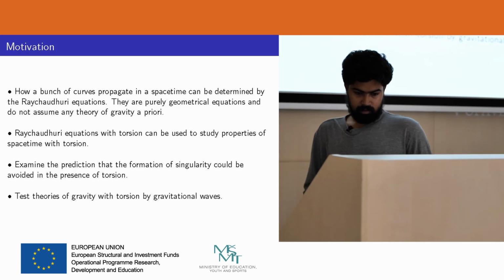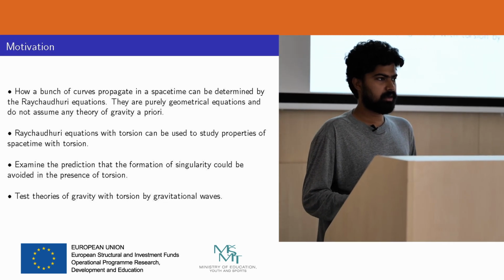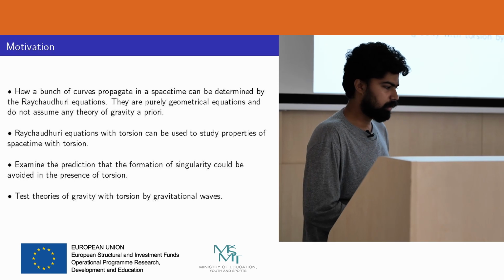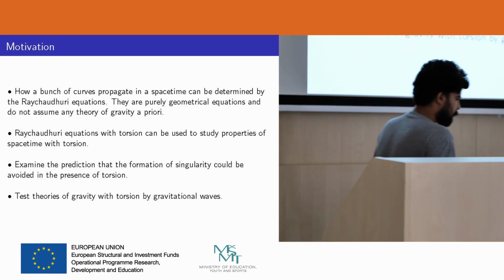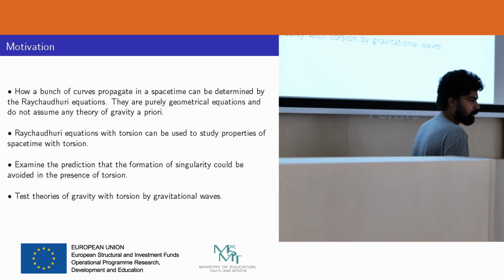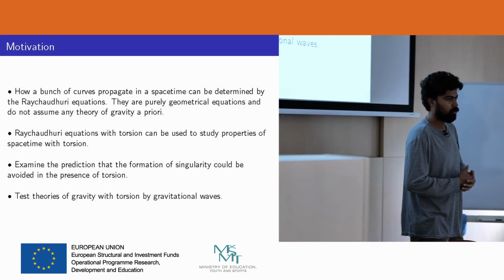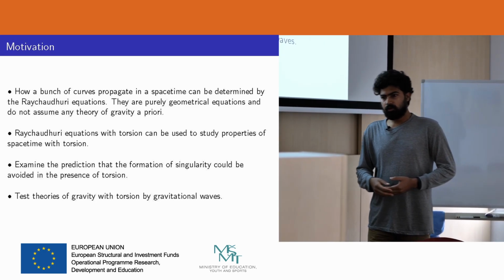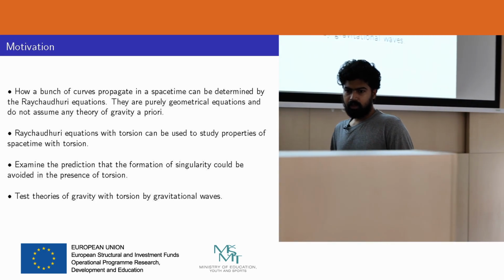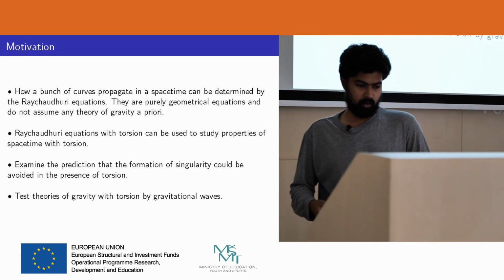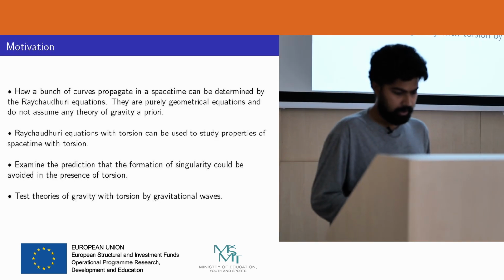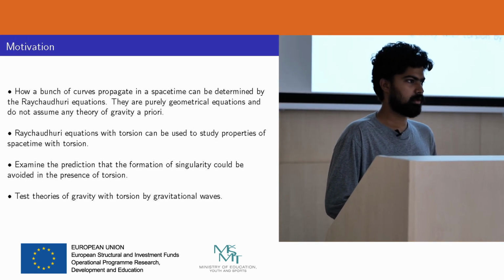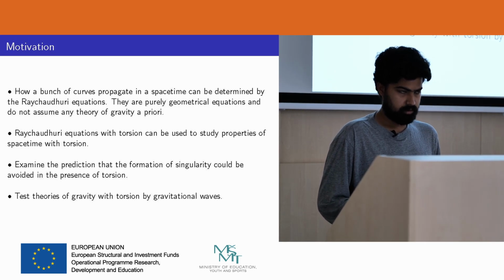And also, as I said, with gravitational waves, there is a big community nowadays testing the theories of gravity from gravitational wave signals and putting constraints on the theory. So these calculations can even be used in a more applied way to test the theories of gravity with torsion.